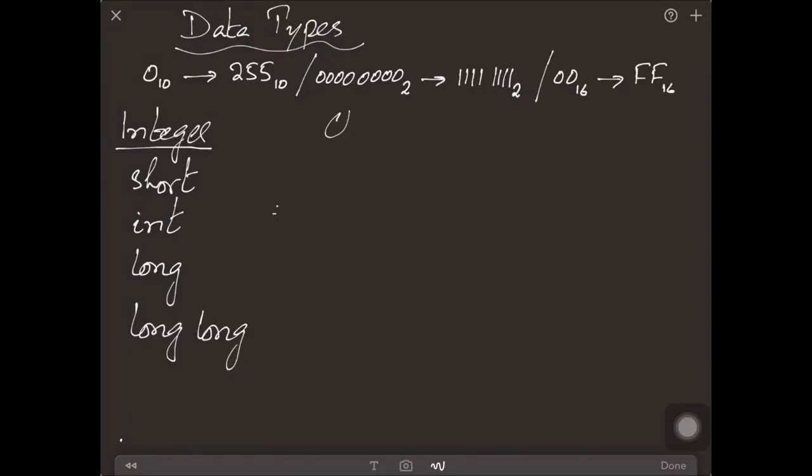If we talk about the character data type, we have the char, and it also can be signed as well as unsigned.